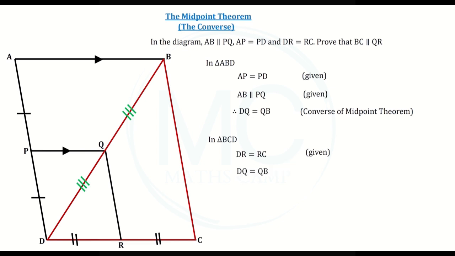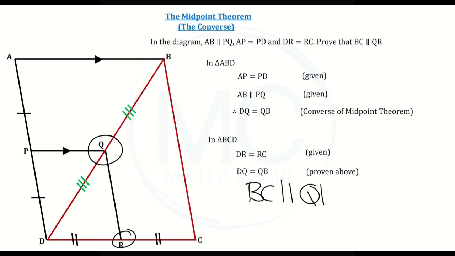We don't have to prove this again. So as our reason, we simply say proven above. Q is the midpoint of DB and R is the midpoint of DC. So according to the midpoint theorem, BC must be parallel to QR. And as our reason, we say midpoint theorem.